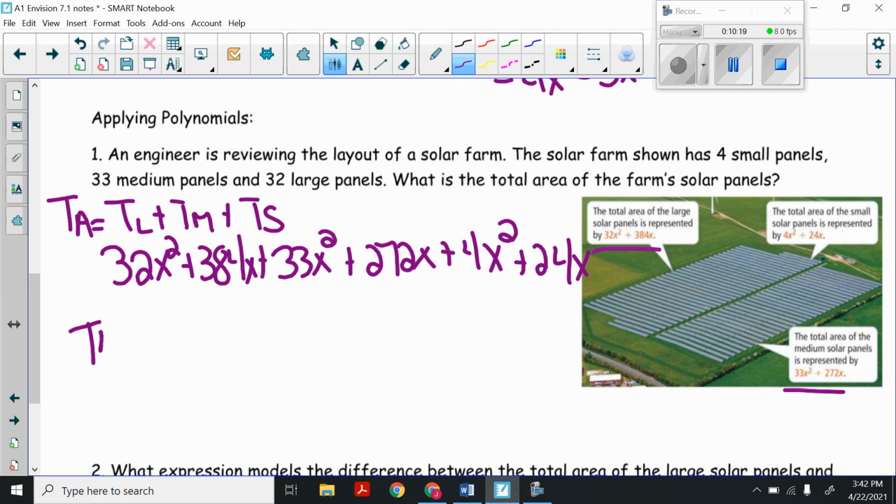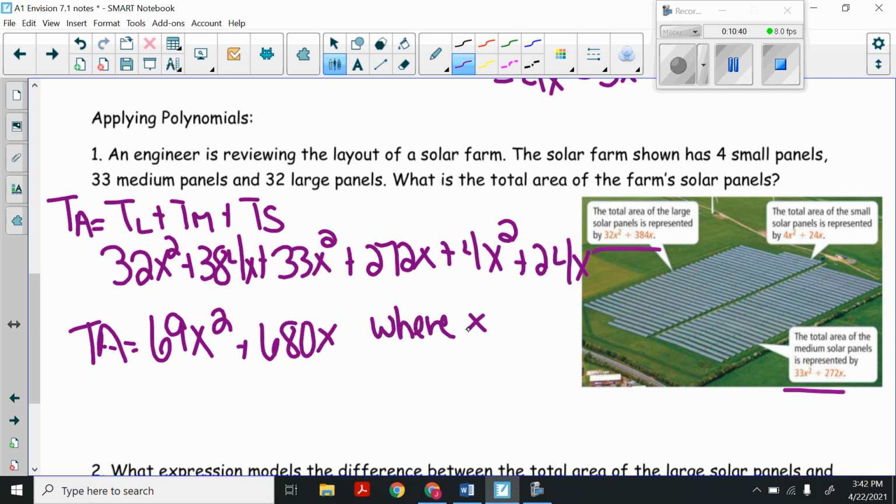So now if I want my total area, I just simply combine like terms. So 32x squared plus 33x squared plus 4x squared gets me 69x squared. 384x plus 272x plus 24x gets me plus 680x. And here, where x is the width in meters.